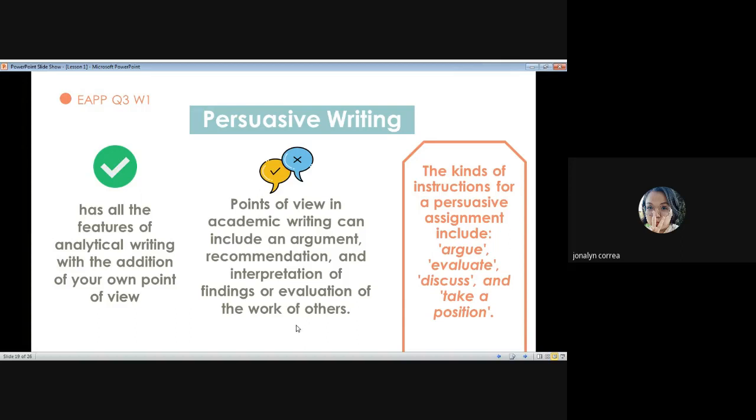So the things you are to do here are to argue, to evaluate, to discuss, and to take a position. So you are in favor of something because of these facts. So that is what makes it persuasive.